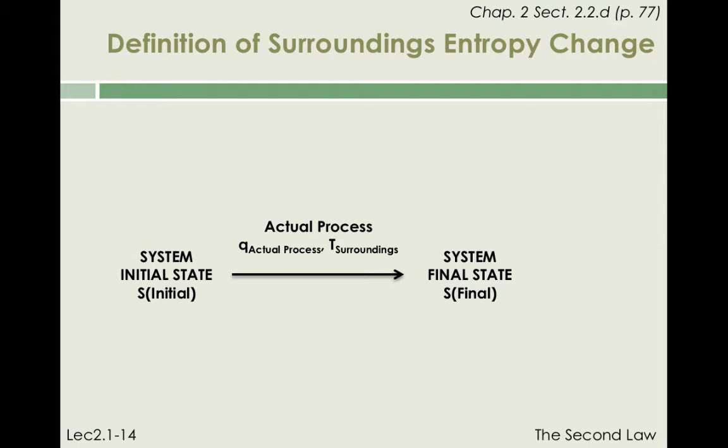We a priori may not know whether the actual process is reversible, spontaneous, or not spontaneous, as this is often the question we are trying to address. So we cannot calculate the entropy change by following the actual process.